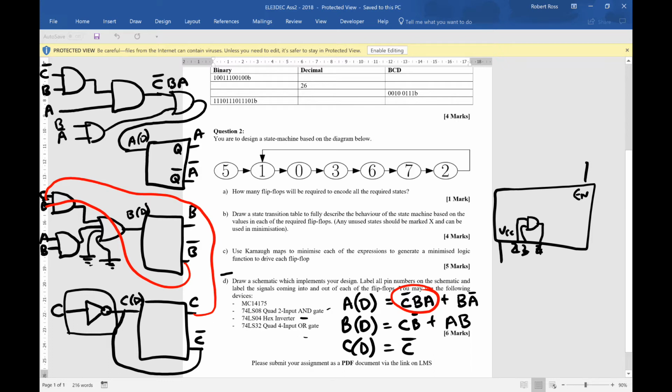And you need to start labeling this. So that might be 2, 3, 4, and you label them on the schematic. It just makes it easier if you actually had to physically build this circuit, that you could just look up the data sheet, or you've got the data sheet there, you just plug the wires in those particular slots, and makes it very easy to debug as well. Okay, does that clarify things?